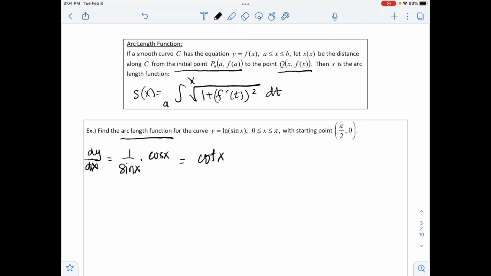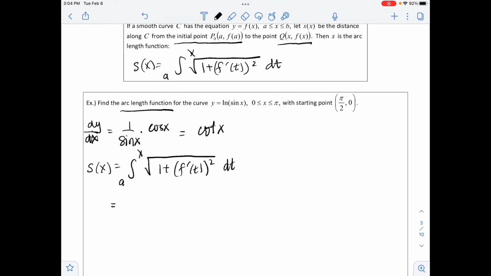And so our function, and we'll call this s of x, like above, is going to be the integral from a to x of the square root of 1 plus that derivative at t squared dt.